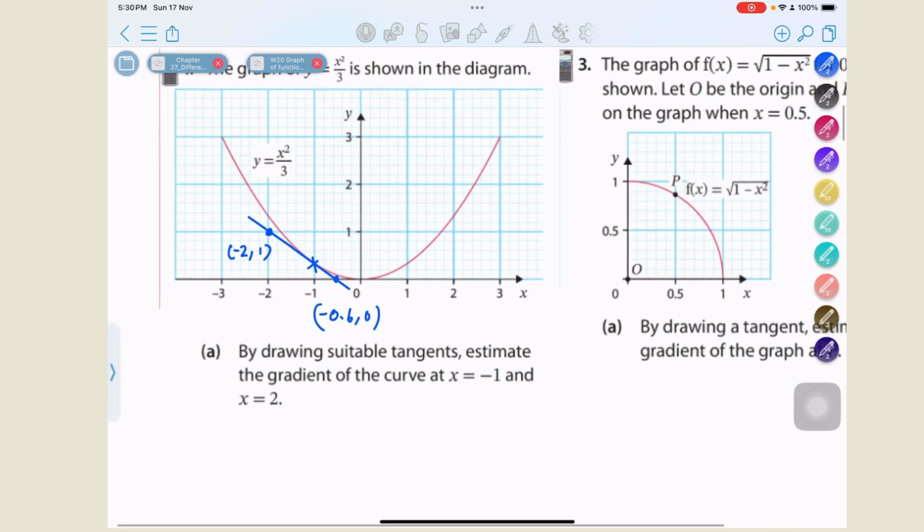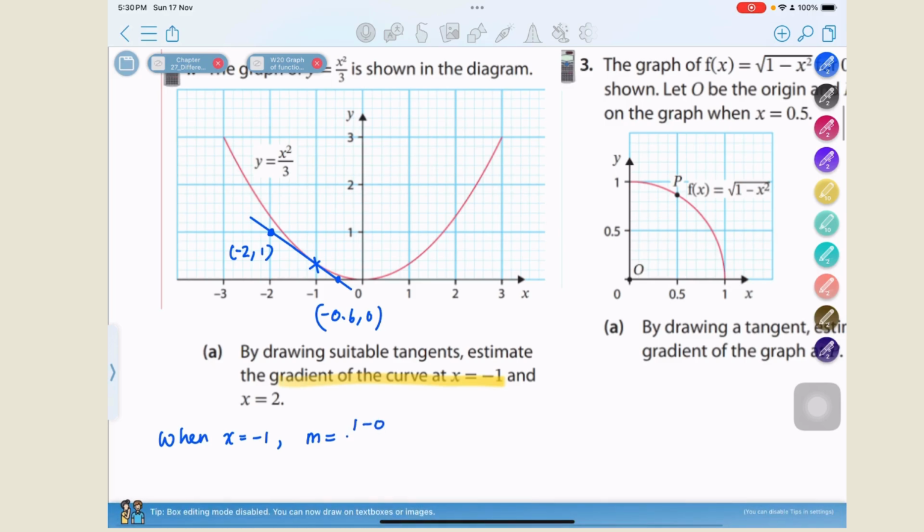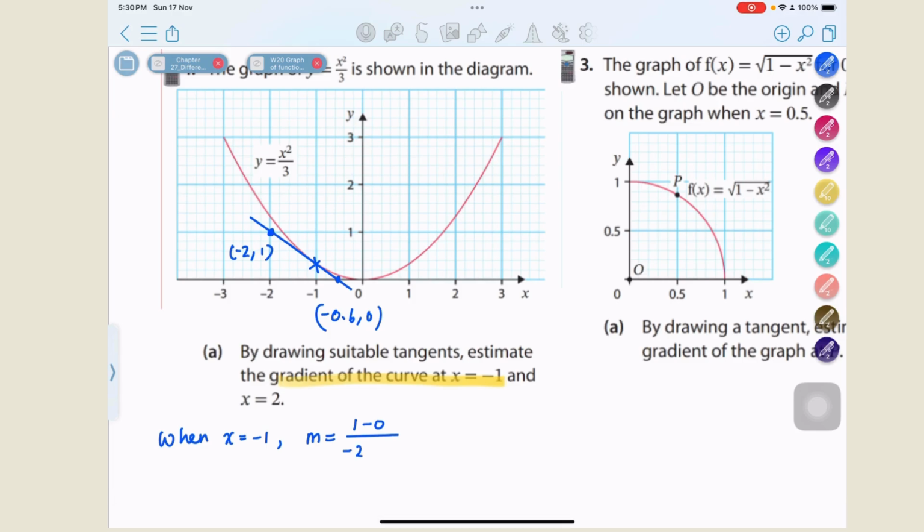Now first we find the tangent at x = -1. So first I will find the gradient of the curve at x = -1. What is your gradient? We can put m = (y2 - y1) over (x2 - x1), that means 1 minus 0 over -2 minus -0.6.